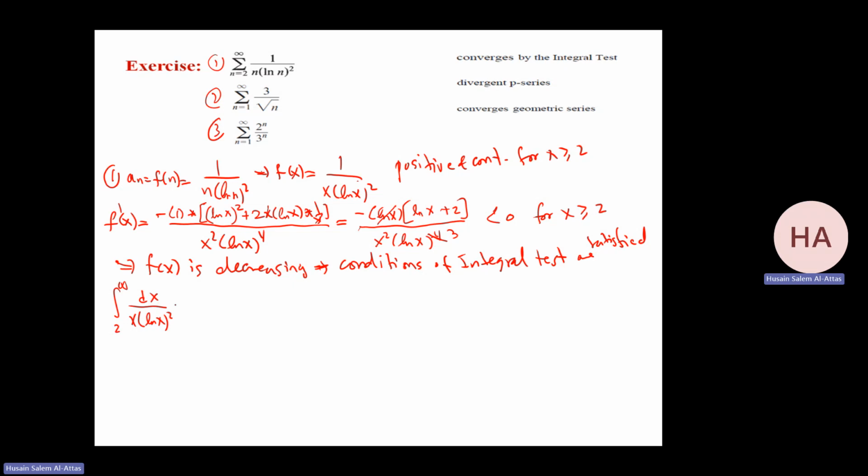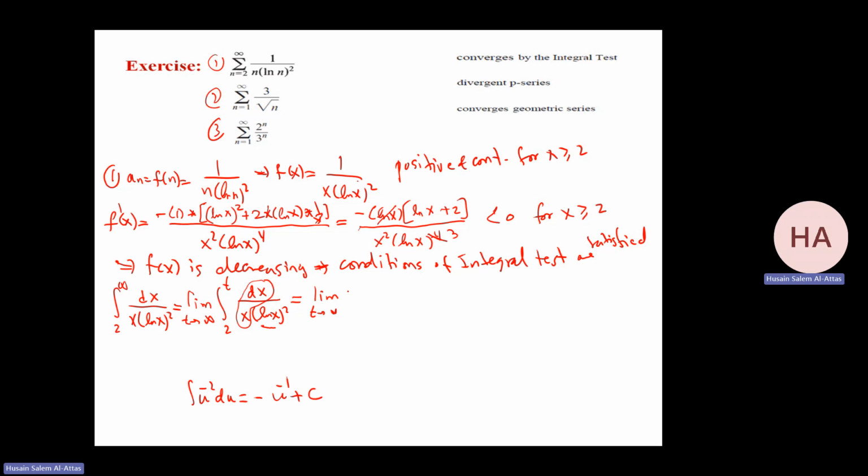Yeah, I think this is easy to do. This will be what? The limit as t goes to infinity of the integral from 2 to t of dx over x (ln x) squared. If I let u equal ln x, then I have dx over x, and this will be my du. So I have u to the minus 2 du, which is minus u to the minus 1 plus c.